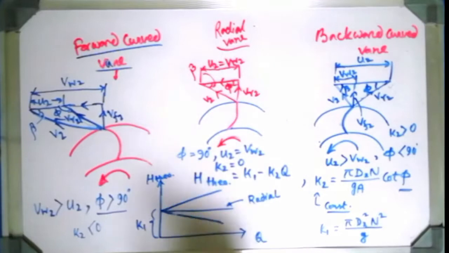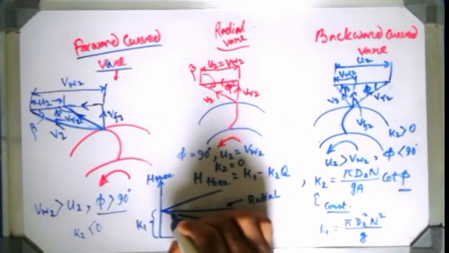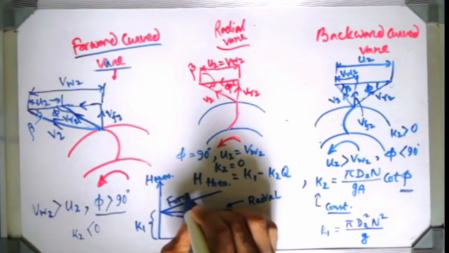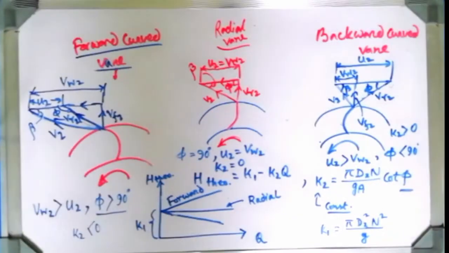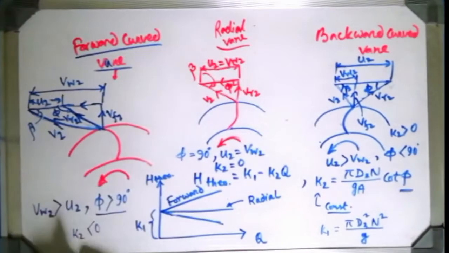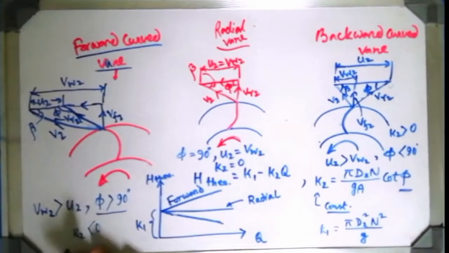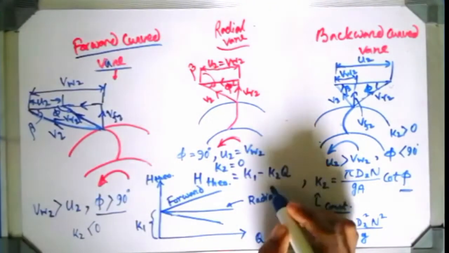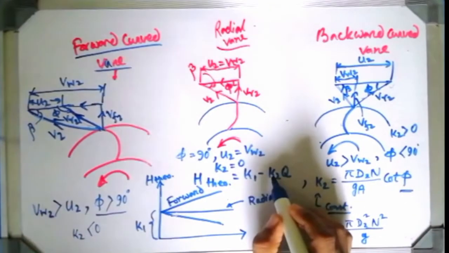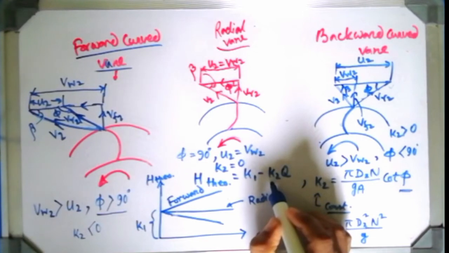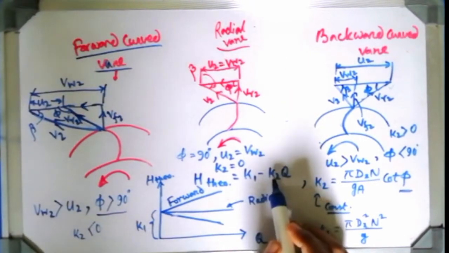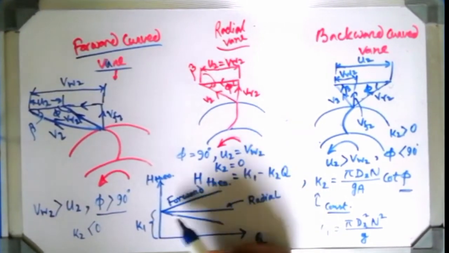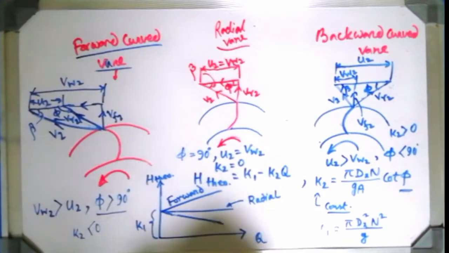This top one, which vane is it representing? Can you tell me? This upward slope? Backward? No, beta, it is forward. Why is it forward curved? Because in the forward vane, if K2 is less than 0, then it will be added up, that means K1 plus this term will be there, because K2 is negative, so this negative and that negative will make it positive. That is why the slope is gradually increasing.